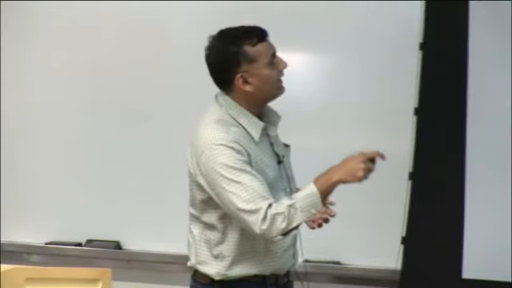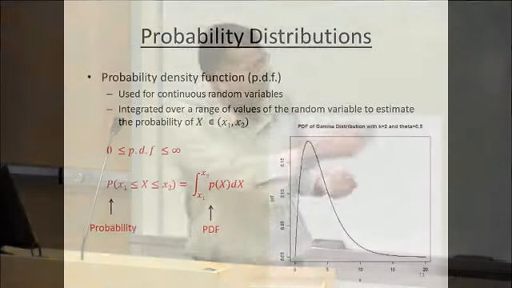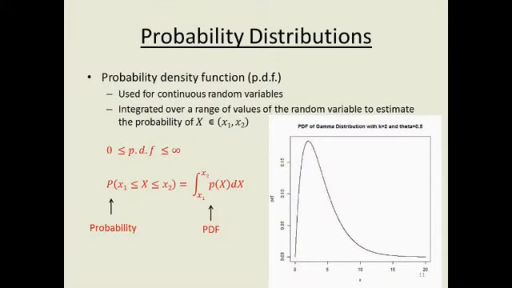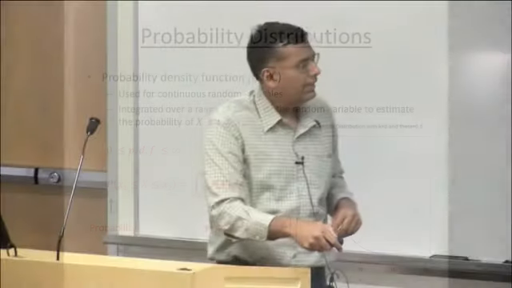So if you want to know the probability that this continuous random variable takes values between x1 and x2, then you integrate the PDF, as it's commonly called, the probability density function, over the range x1 through x2. Now it's important to note that this is an example of a very commonly occurring PDF, where x is a continuous random variable that here takes on all non-negative values.